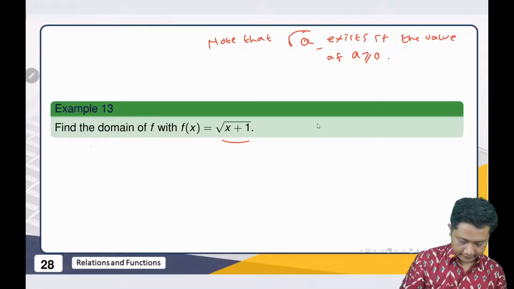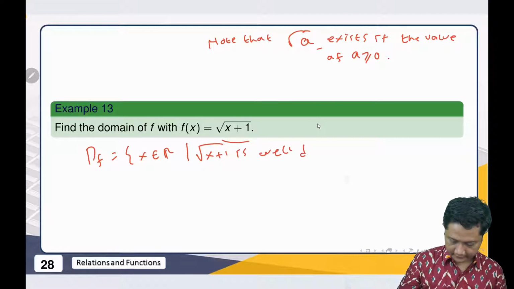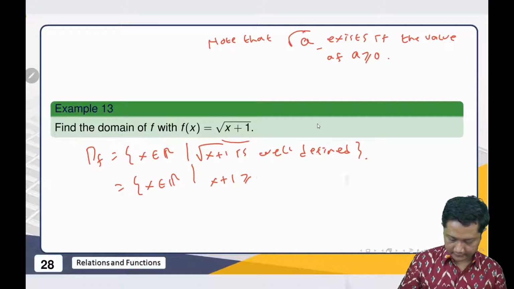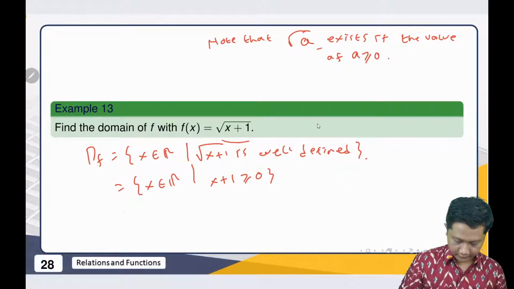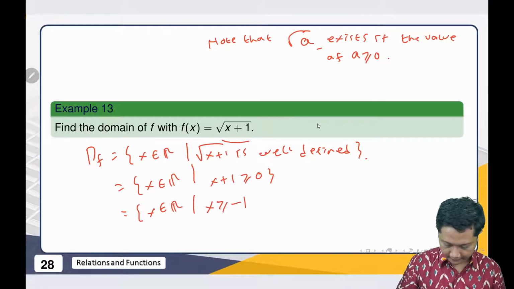So what is the domain of f? Every real number where the square root of x plus 1 is well defined. So we have every real number where x plus 1 is non-negative. Then we have x greater than or equal to minus 1.